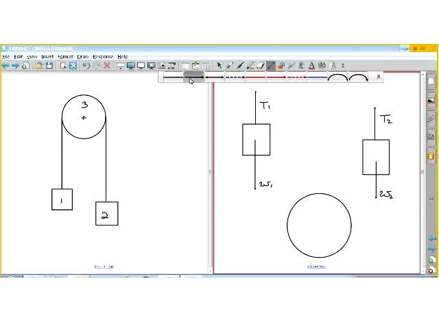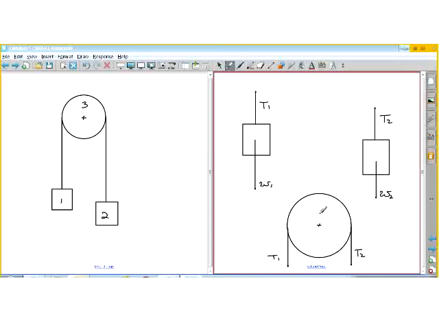And if you look at the disk here, what you have is the two tensions pulling down, which are going to create a torque around the center of rotation. So this is T1, this is T2. Remember, counterclockwise is positive torque and positive rotation. So T1 would cause a positive torque, and T2 would create a negative torque.